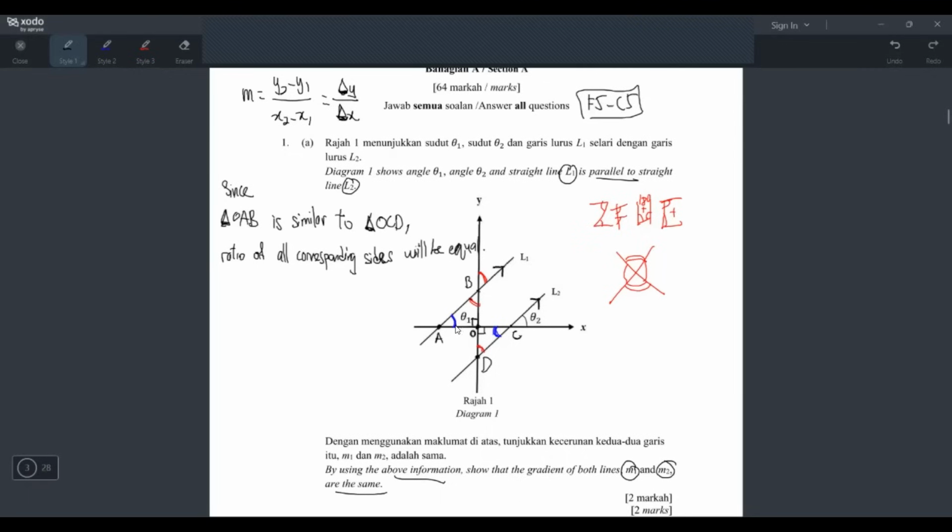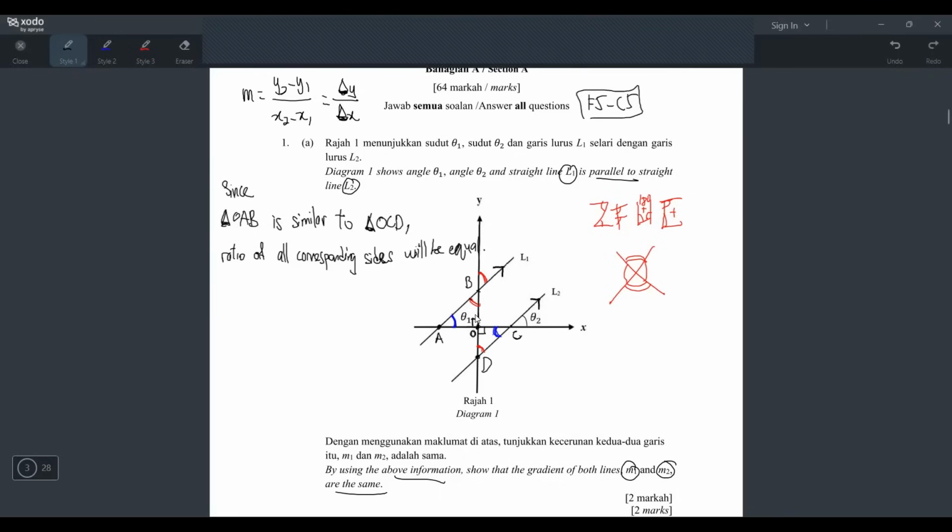It means these two triangles might not have the same size, right? Maybe one triangle is bigger, one is smaller. But since all the corresponding angles are equal, we can say that even though one triangle might be bigger and one smaller, the ratio will be exactly the same. The ratio of the sides will be exactly the same because they are similar to each other.